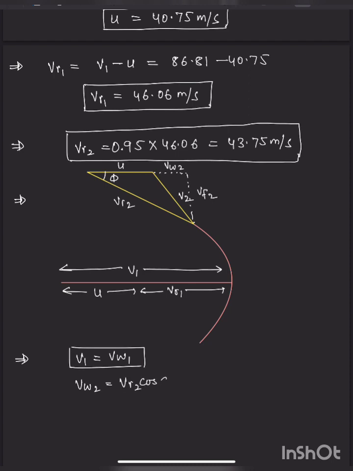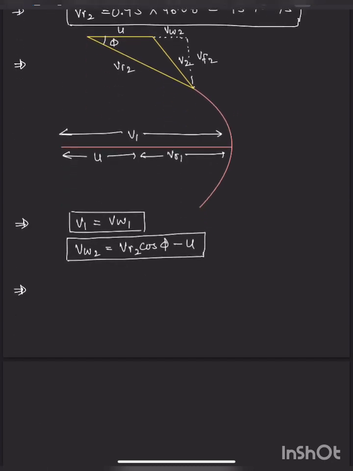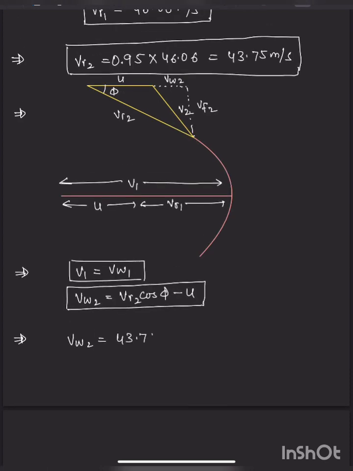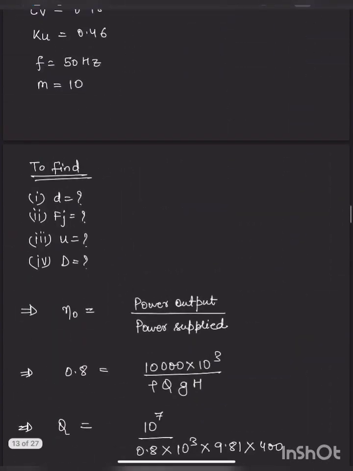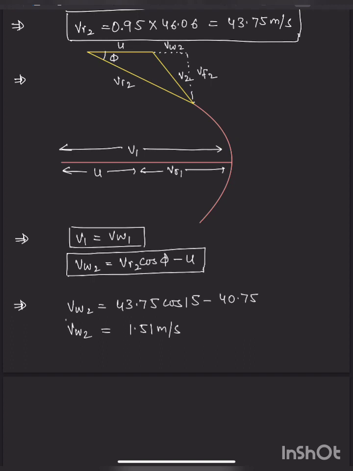Now we will calculate the tangential component of velocity at entry, which is equal to the actual velocity of the jet. So V1 is equal to Vw1. And at the exit, the tangential component of exit velocity is equal to Vr2 cos phi minus u. So putting the values of Vr2 and u, we will find Vw2. So Vw2 is 1.51 meter per second.